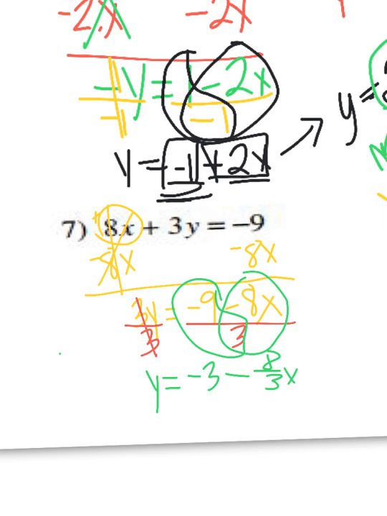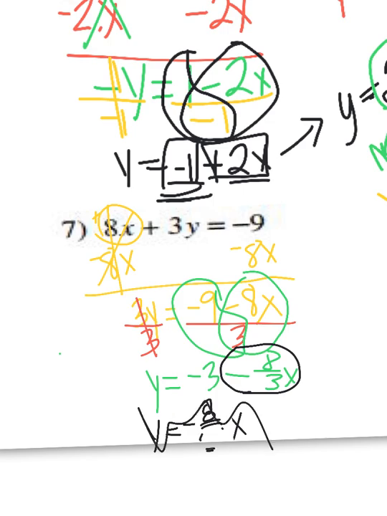This still isn't in y equals mx plus b form, so I need this part to go first. So y equals -8 thirds x. Sorry, it won't write. That is a 3 down there, I'll write it up here.